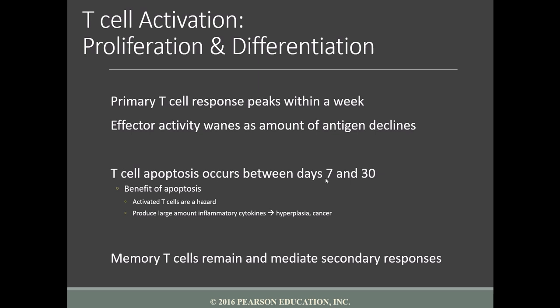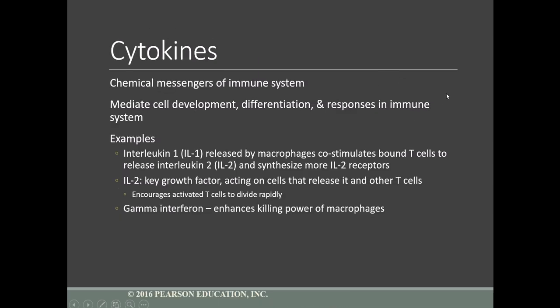So the effector T cells will go through cell suicide after they're no longer needed. The exception is those memory cells that will remain and circulate through the lymphoid organs and the plasma, ready to kick in with those secondary responses.